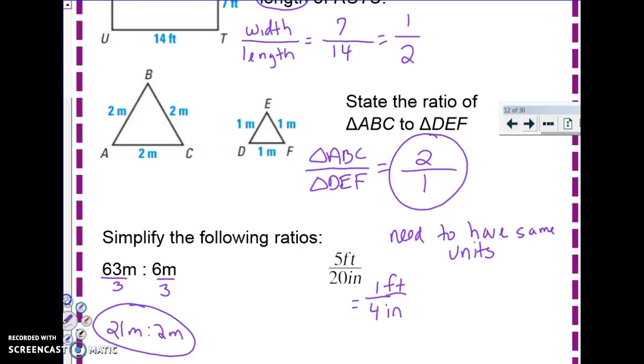But then I'm going to multiply this by 1 foot within 12 inches. And what happens is all my units go away, so I'm just left with numbers, and that's what I want. So 1 times 12 is 12, and 4 times 1 is 4, and then I can reduce further. So my ratio, if we're talking 5 feet to 20 inches, my ratio is really 3 to 1 when we're talking about size, which is really interesting because it looks like it should be the other way.